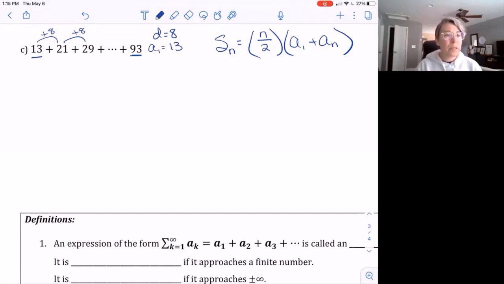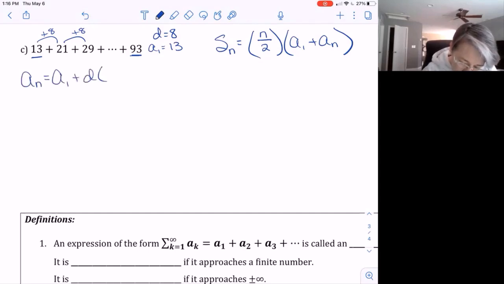So let's find it. We know if this was just a series with commas, that the nth term would be our first term plus the common difference times n minus 1. Well, our nth term here is 93. We know our first term is 13, and we know our common difference is 8.